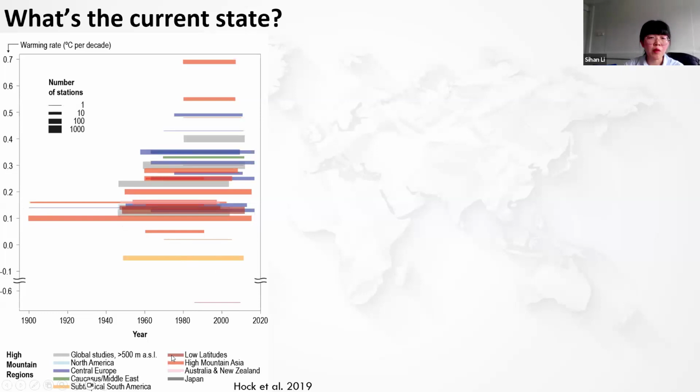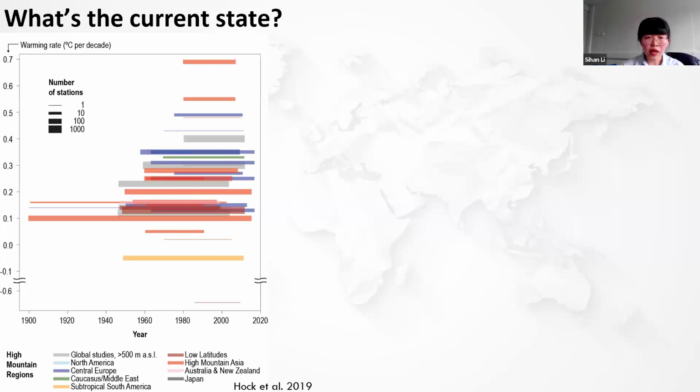If we look at, for example, high mountain Asia, which is shown by this pink salmonish color here, I should point out that the y-axis is showing the warming rate per decade. Two things I want to highlight with this figure: we are seeing almost universal warming across these different mountain regions in the world.